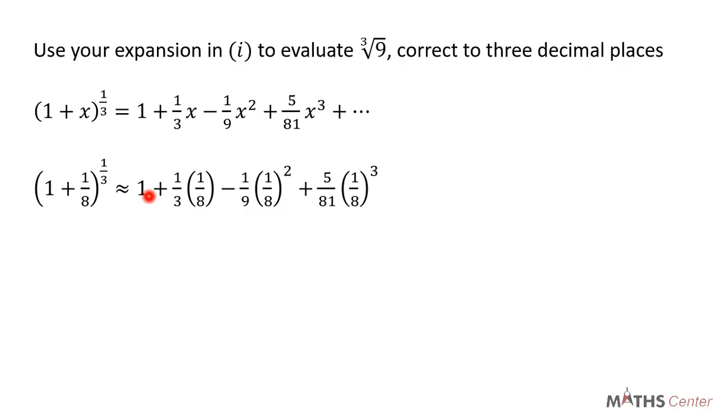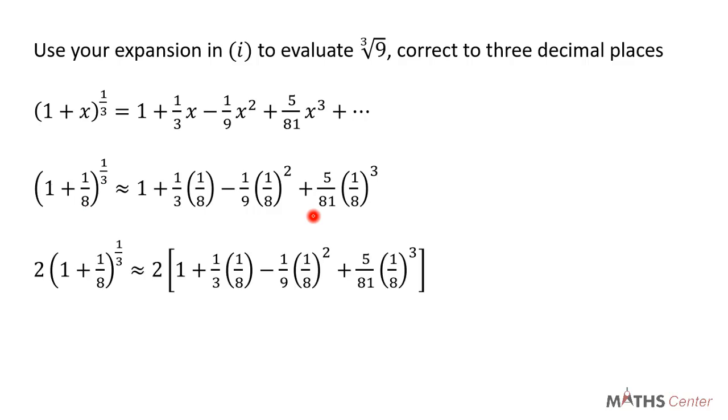And so this gives us 1 + (1/3)(1/8) − (1/9)(1/8)² + (5/81)(1/8)³. Remember that we will have to multiply the result here by 2 to get the value of the cube root of 9. So if we multiply it by 2, we are going to have what we have here times 2.